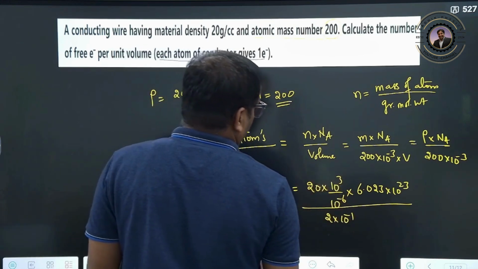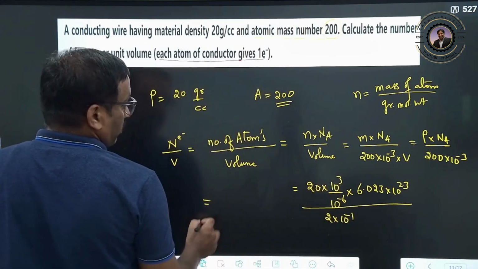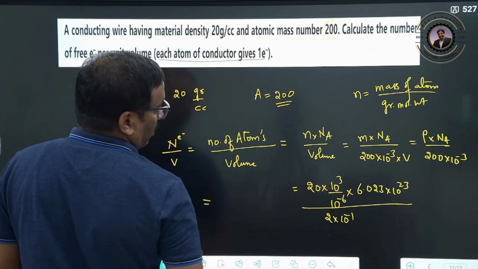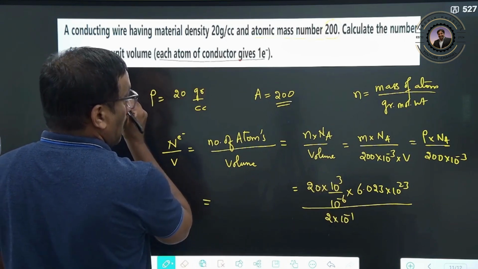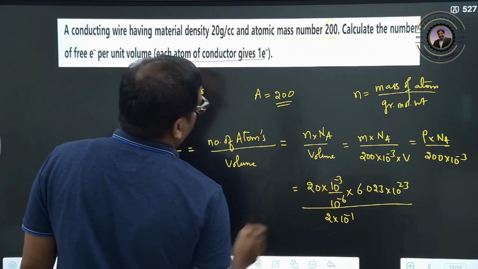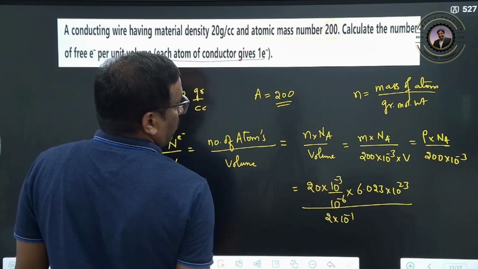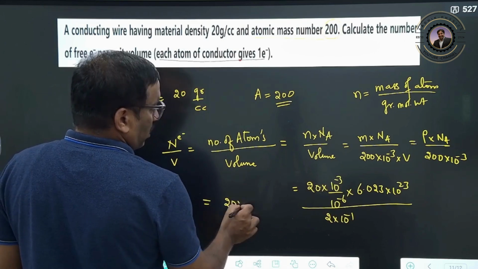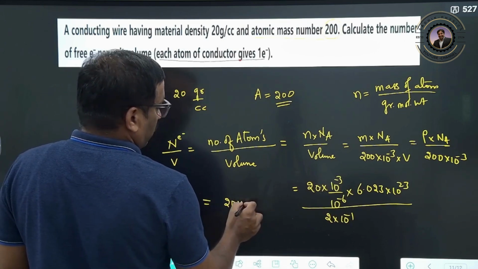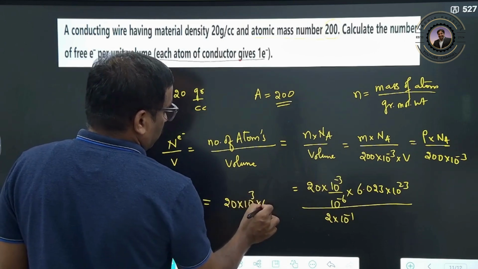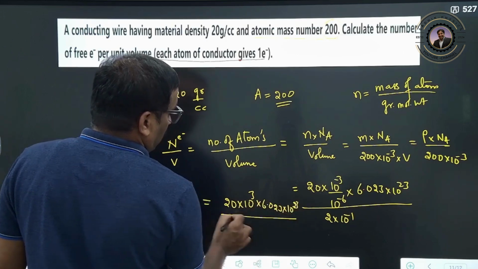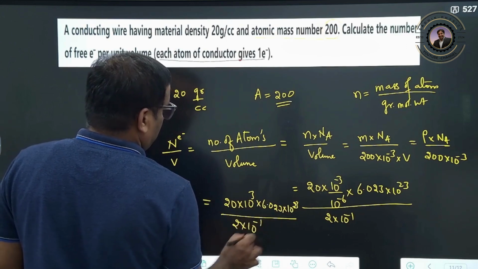So therefore here you can write it as 10 to the power of minus 3, sorry, this is minus 3 grams. So 20 into 10 to the power of 3 into 6.023 into 10 to the power of 23 divided by 2 into 10 to the power of minus 1.